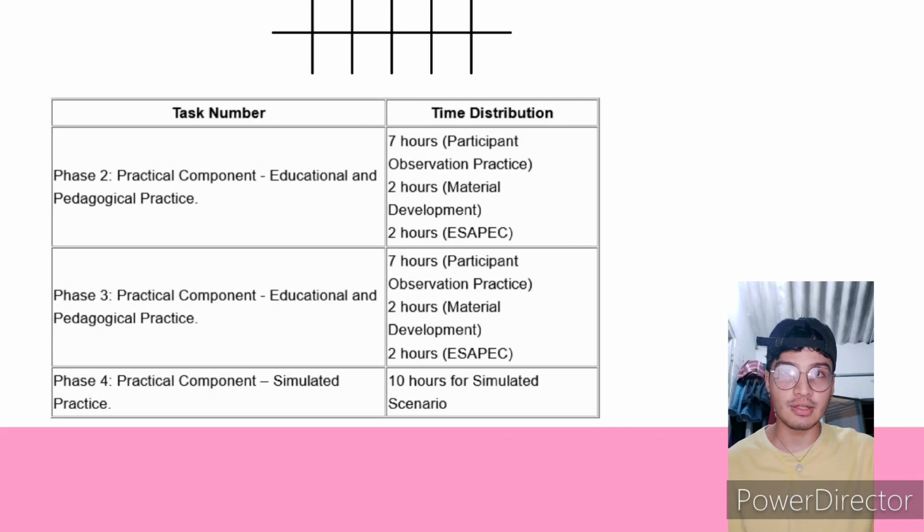In phase 3, practical component, educational and pedagogical practice, the time distribution is 7 hours of participant observation practice, 2 hours of material development, and 2 hours of ESAPEC. In phase 4, practical component, simulated practice, the distribution is 10 hours for simulated scenarios.